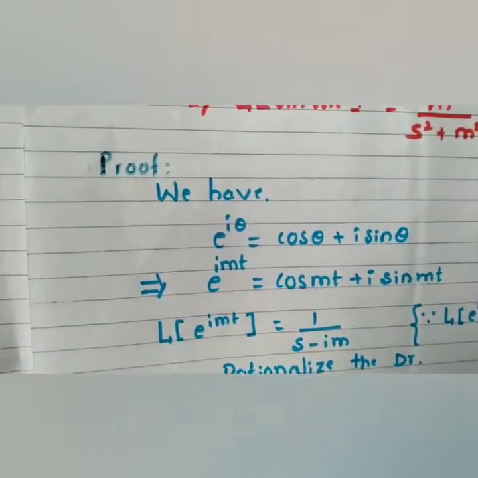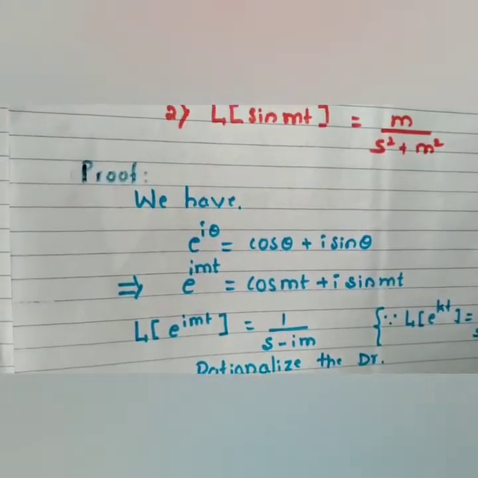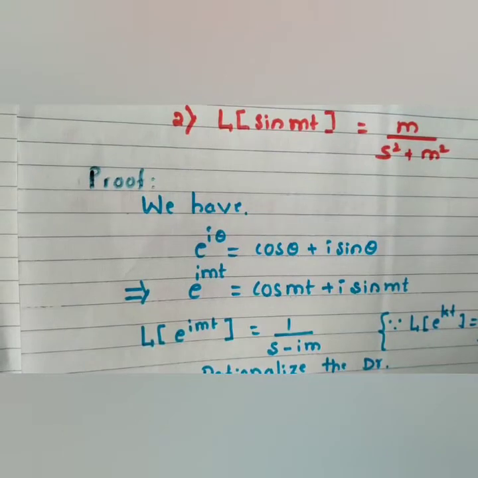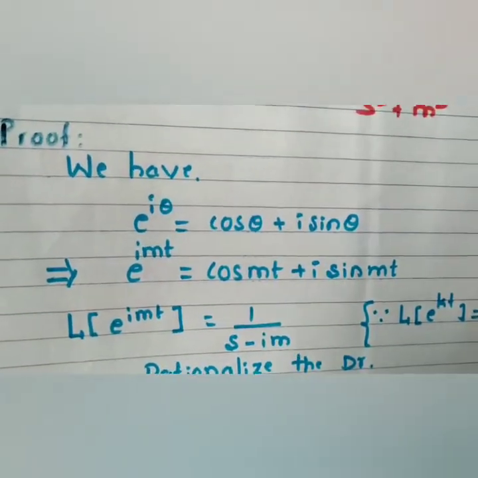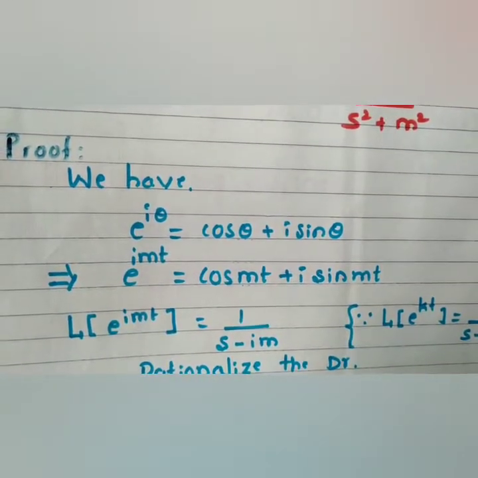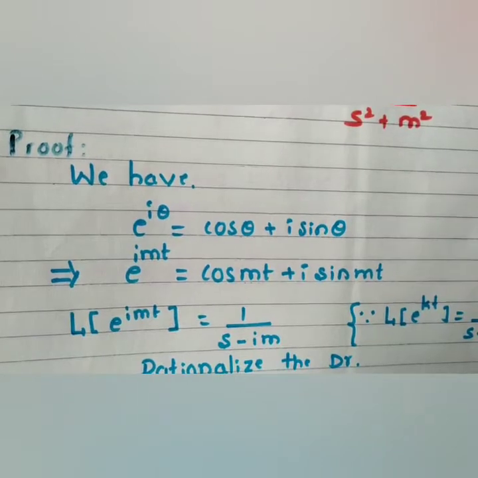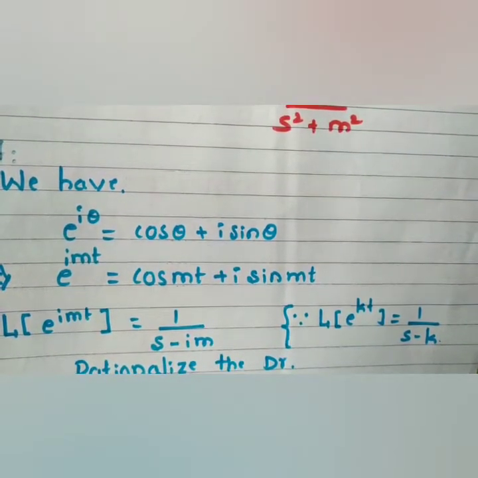Now, to prove the result for cos mt and sin mt, operate L on e raised to i mt. What is L of e raised to i mt? It is 1 by s minus im. Why? Because L of e raised to kt is 1 by s minus k.